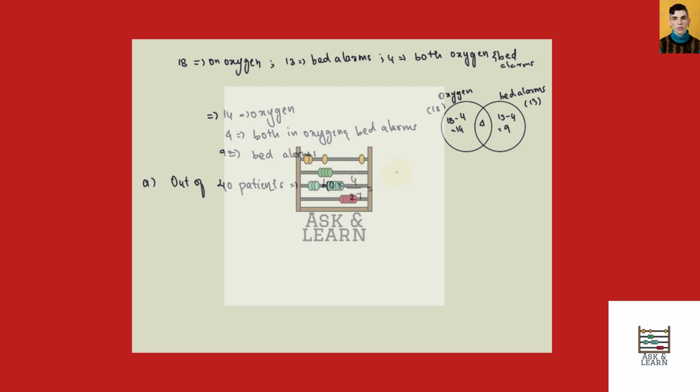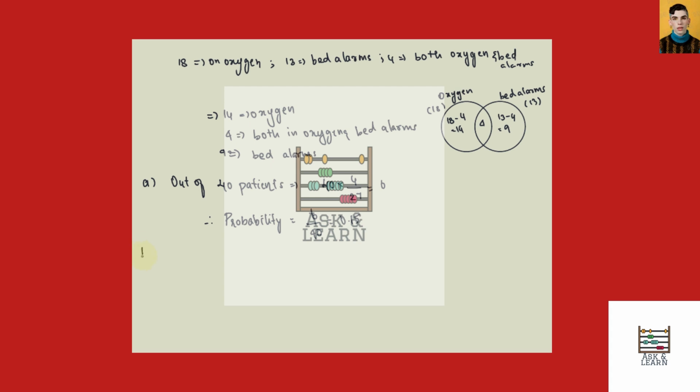Simplifying this, we get this value as 6. Therefore the probability of a patient having oxygen and a bed alarm will be 6 by 40. Simplifying this, we get 0.15.